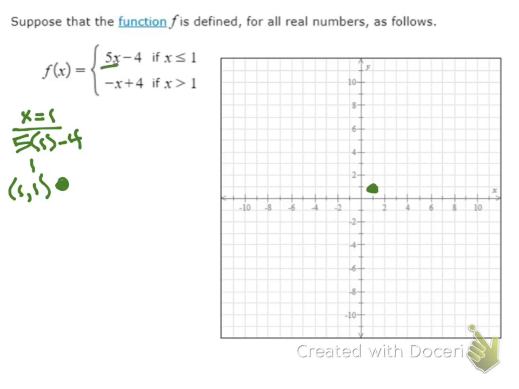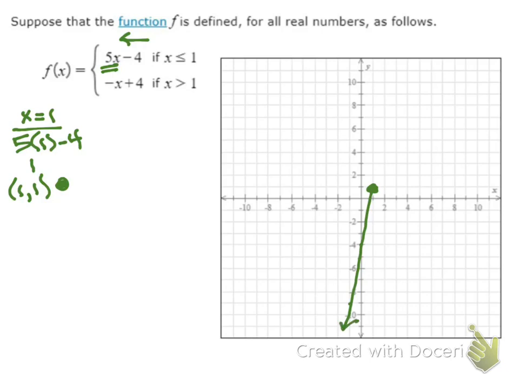Now I'm going to pay attention to the slope, which is 5. Usually for 5, I would go up 5, right 1, but I want to travel left because I'm looking at values of x that are less than 1. So I will go down 5, left 1. Let me try to draw that better for you.